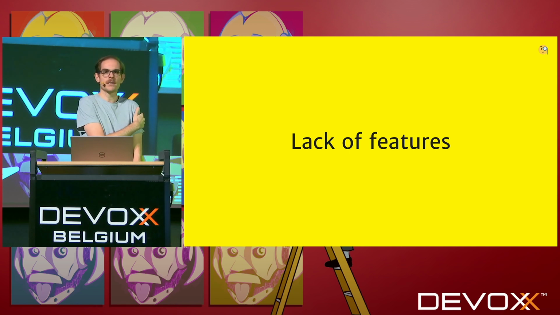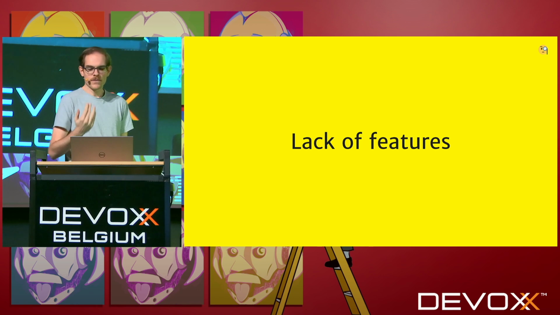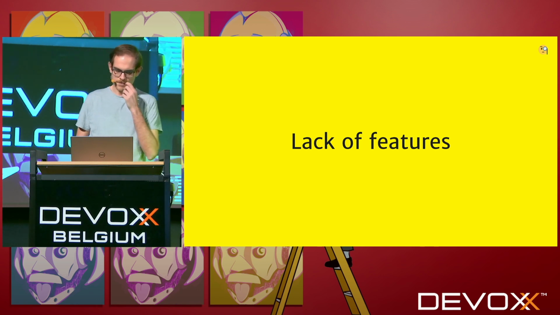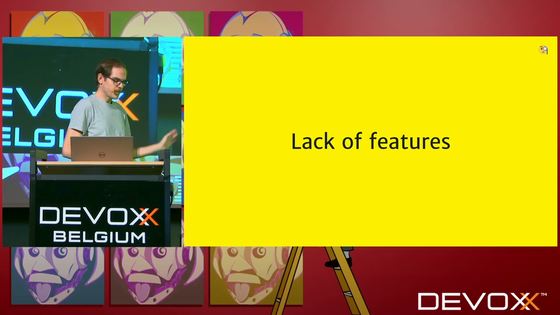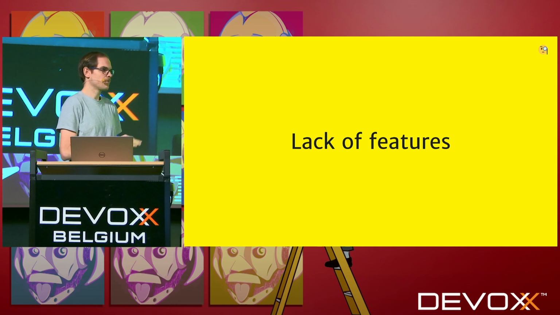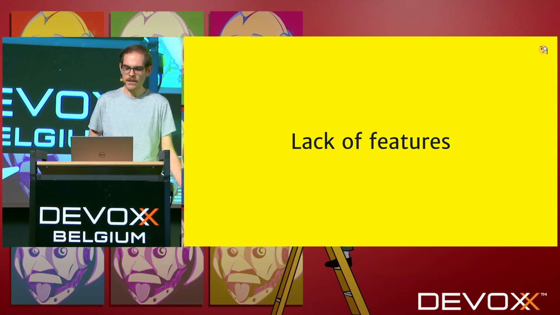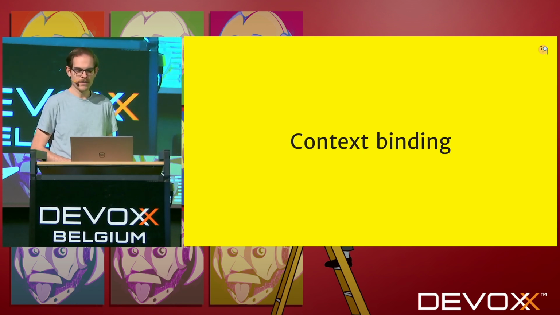A lot of things can be solved just with a function that you use from wherever you want. But okay, besides this expectations problem, there's something else that is very practical and that happens all the time, and it's context binding.